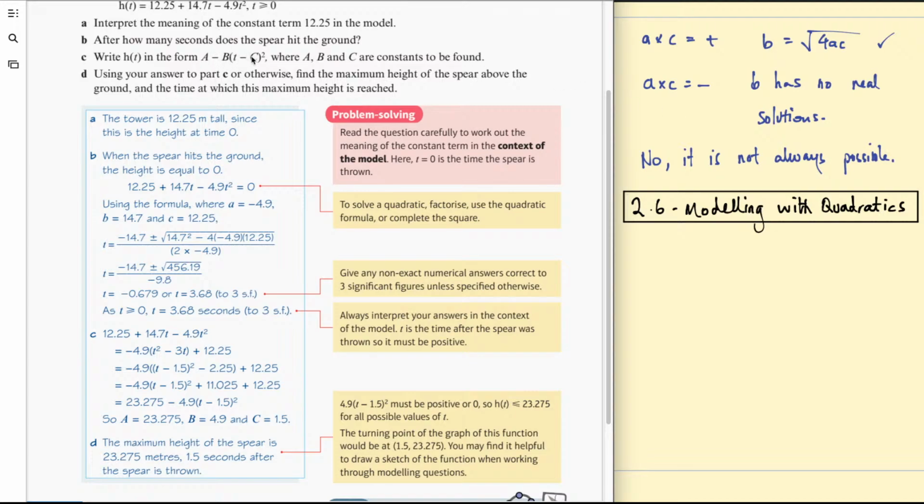We said the coordinates of the maximum were C and A. So you can see here they've completed the square, and they've got C equal to 1.5 and A equal to 23.275. So the maximum height is A, and the time is the X coordinate, or 1.5.